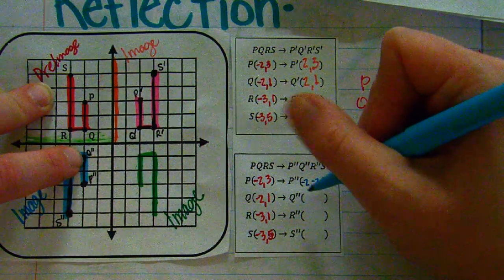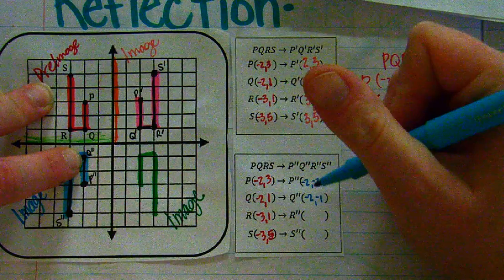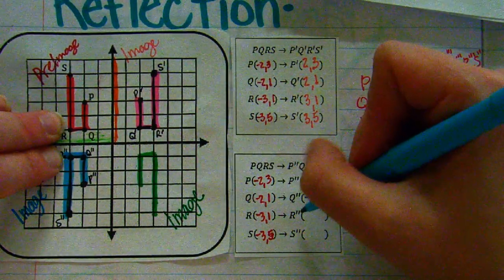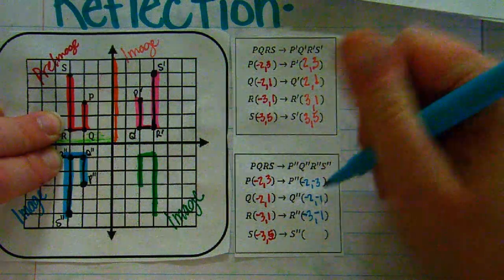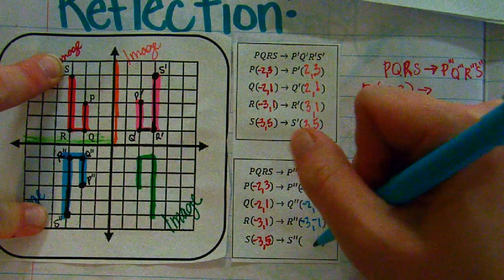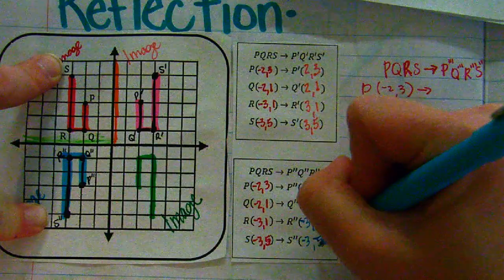Q reflected to Q double prime is -2, -1. R reflected to R double prime is -3, -1. And then S reflected is -3, -5 in this situation.